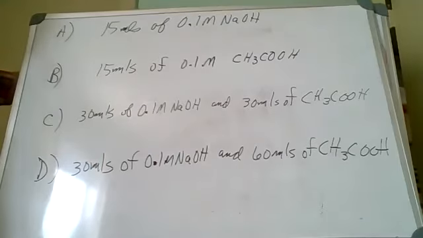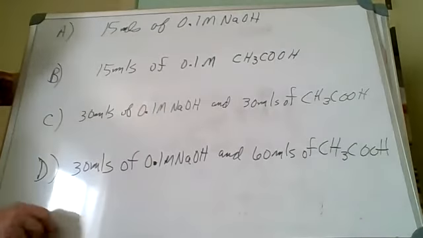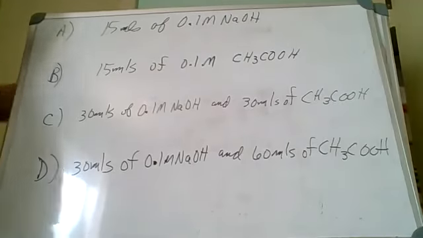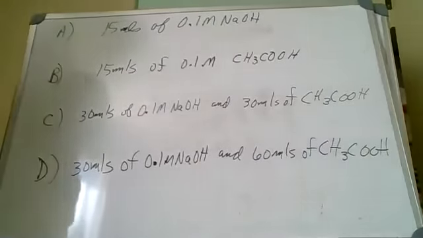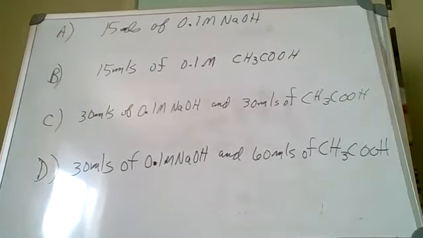The question is, in which of these 4 solutions will the pH change by the smallest amount? Does anybody have any idea? And why? Don't be afraid. It's not 4th grade. All right, nobody wants to take a guess, huh?